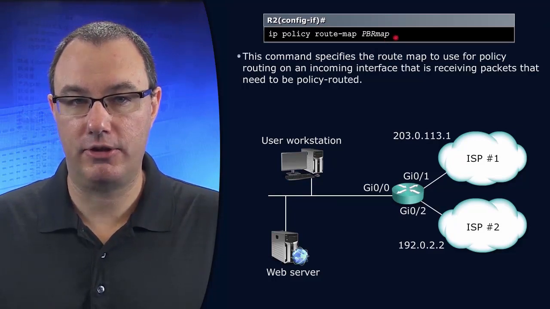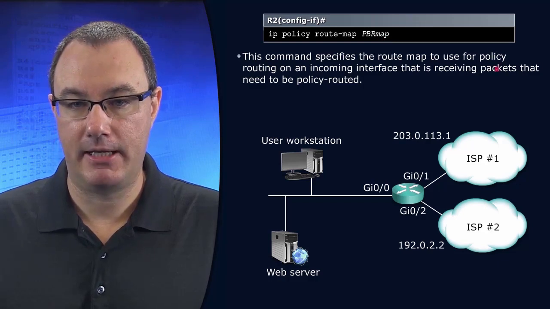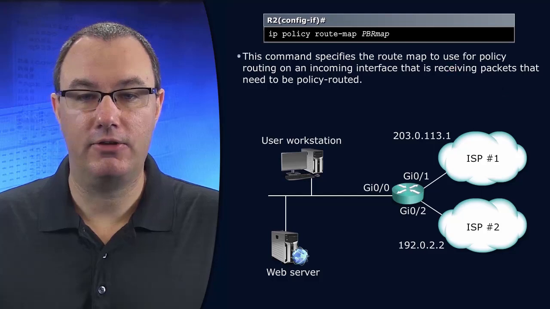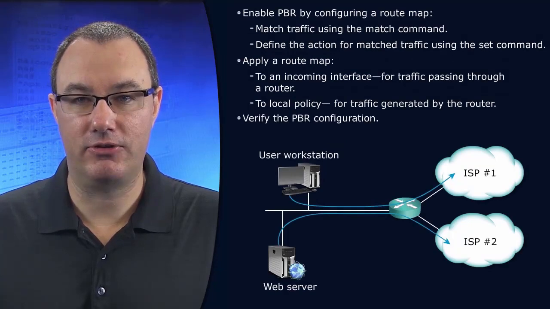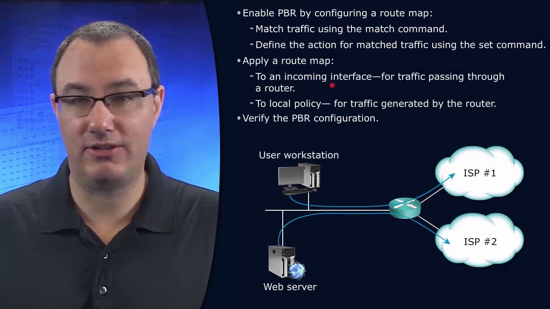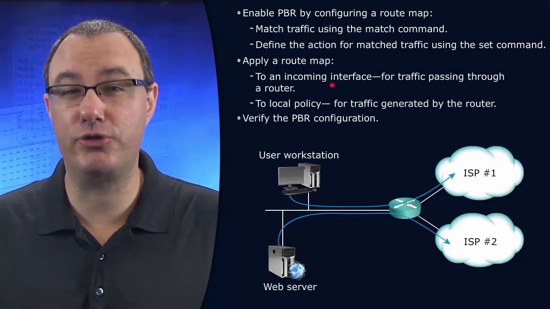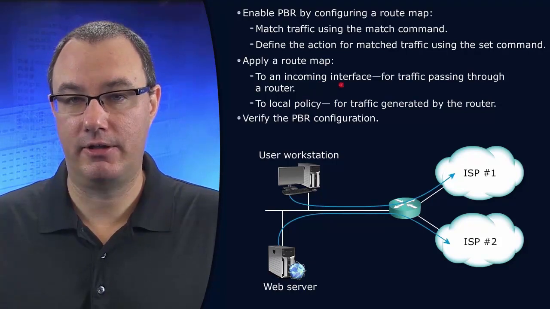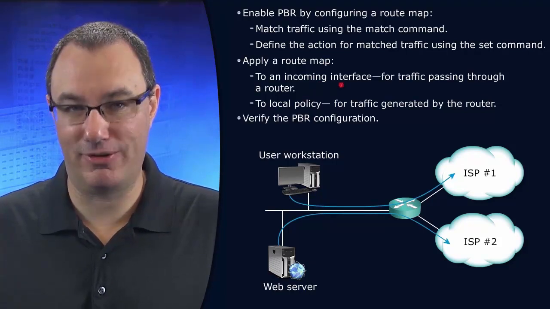Now I want you to notice that there's no direction here. There's no direction. We just apply it to an interface. And so that means that we lack in the syntax to say that this is for receiving traffic because it is assumed. It is applied to received traffic ingress on that interface.